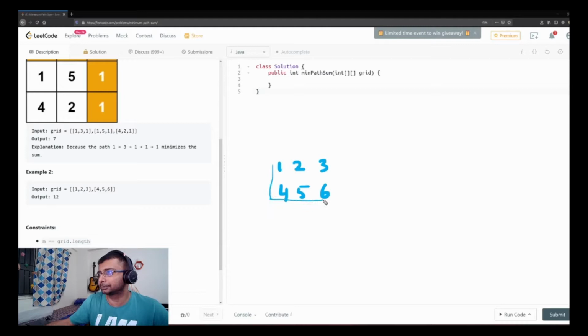We can go and reach here. That would cost me 16. One way could be reaching like this, which would cost me 6, 5, 11, 12, 13, which would cost me 14. One way to reach could be this, which would cost me 9 and 3, 12. So we can see this being the cheapest of all. So our answer is also 12 over here.